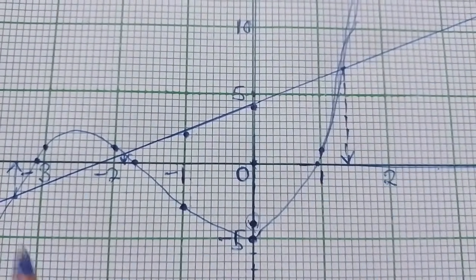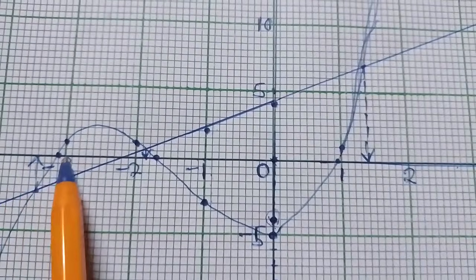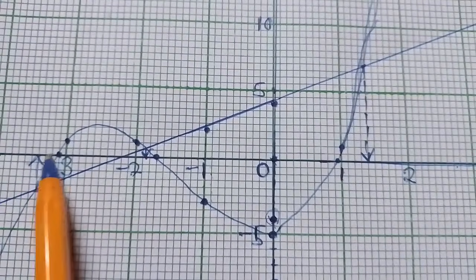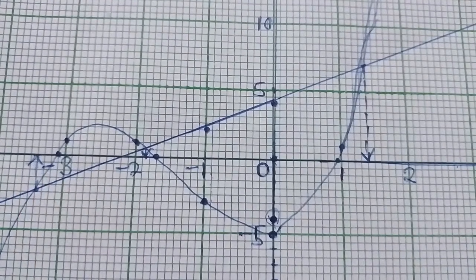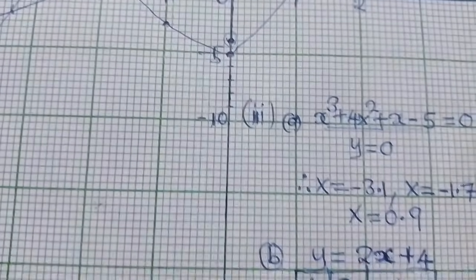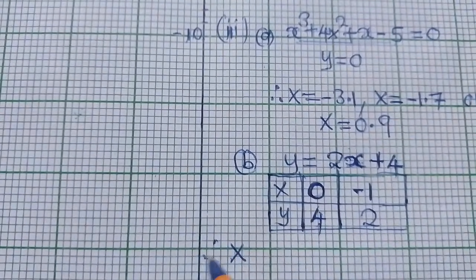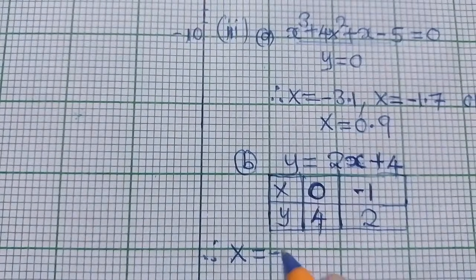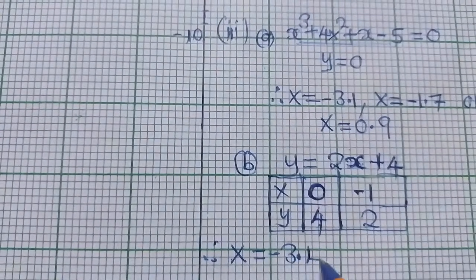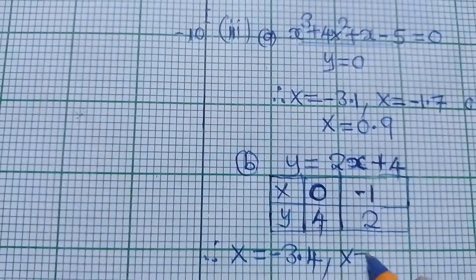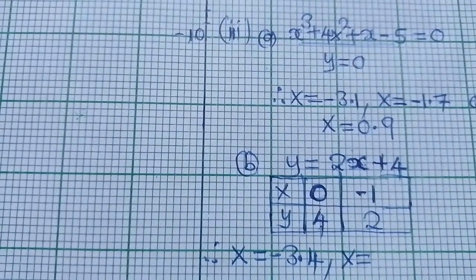Have you seen? At 3 points, this one, this is 1, 2, 3, 4, negative 3.4. That's the first one. Therefore, x is equal to negative 3.4. What's the other one?